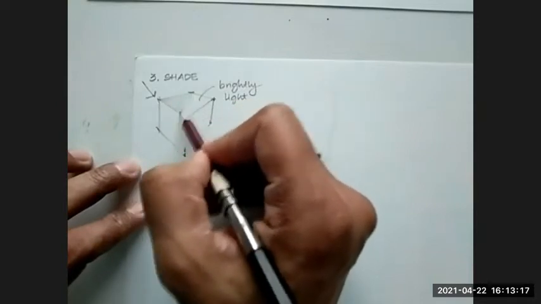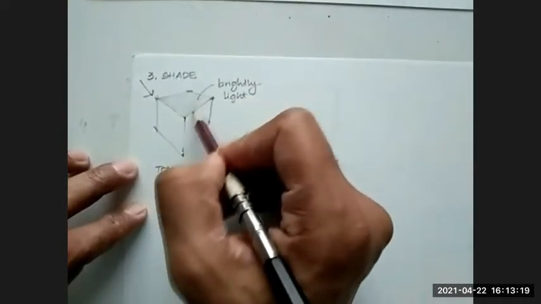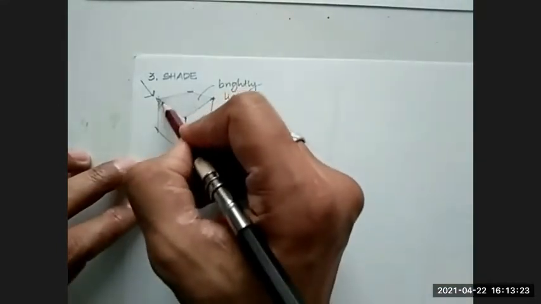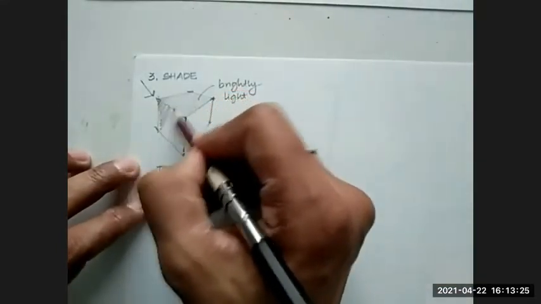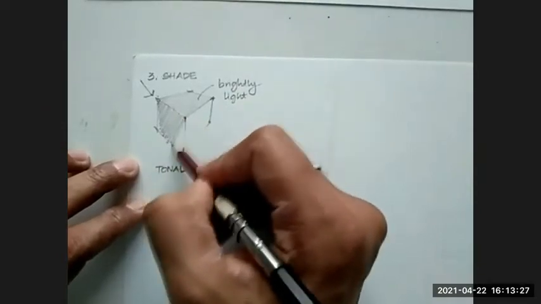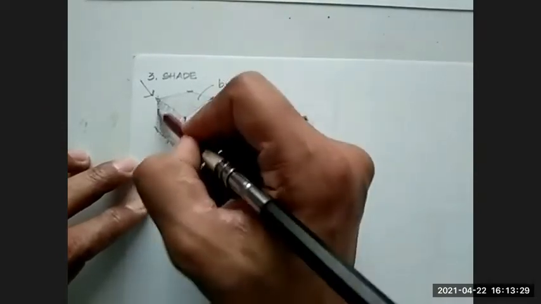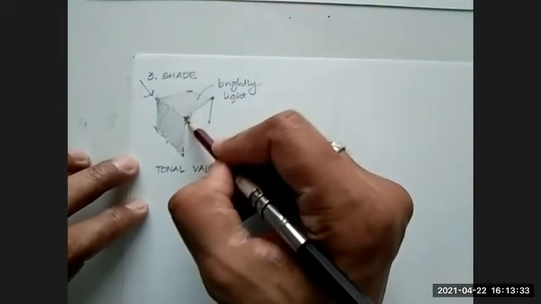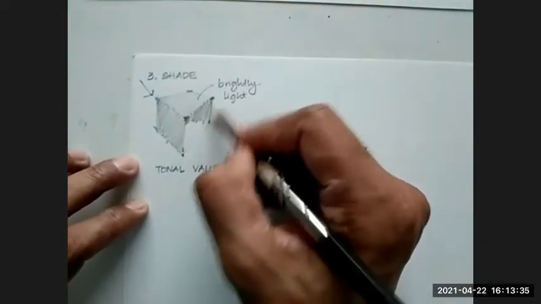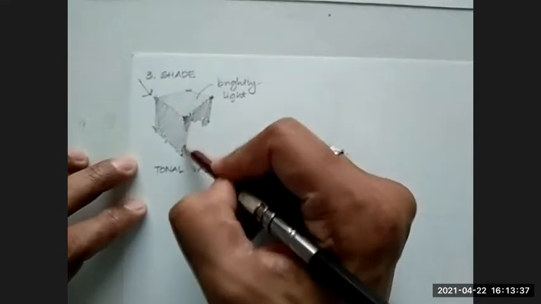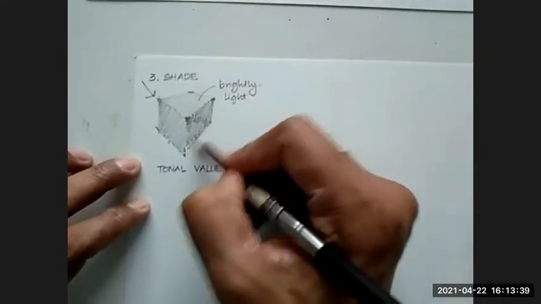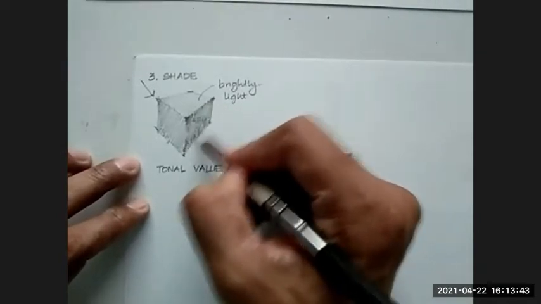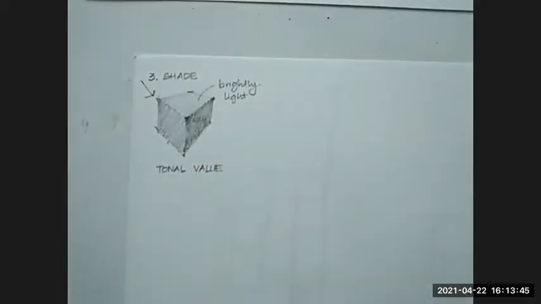So going with the lightest on the brightly lit, slightly darker on the front, and even darker on the third side. So this is how it will actually look.